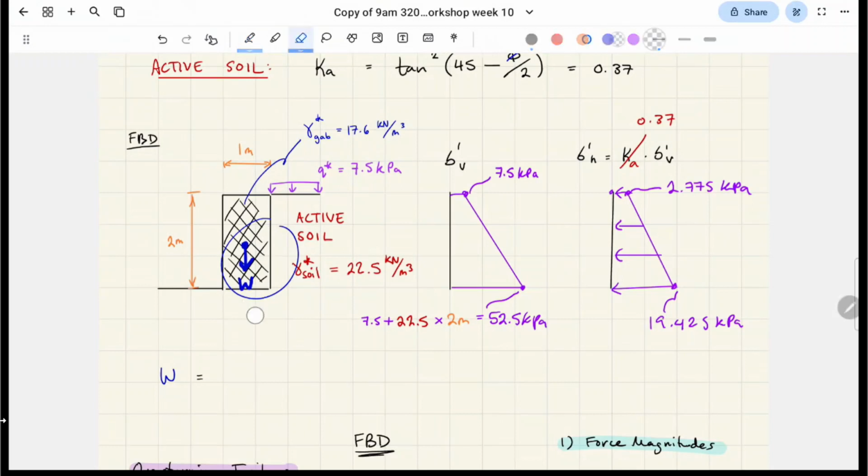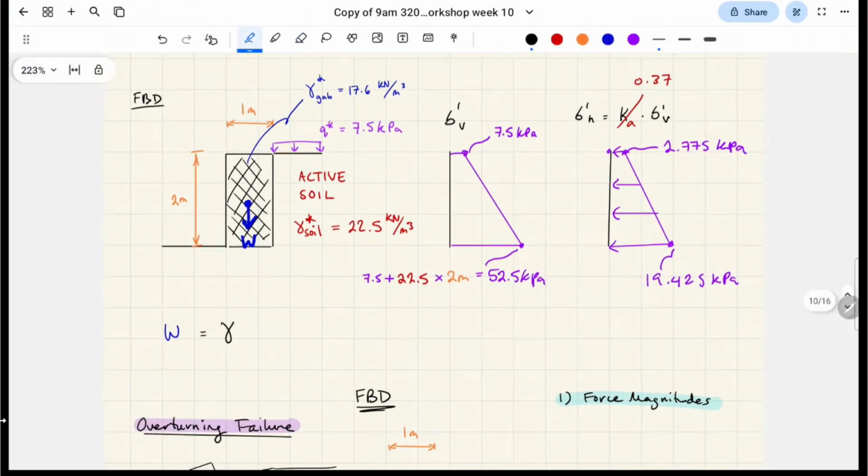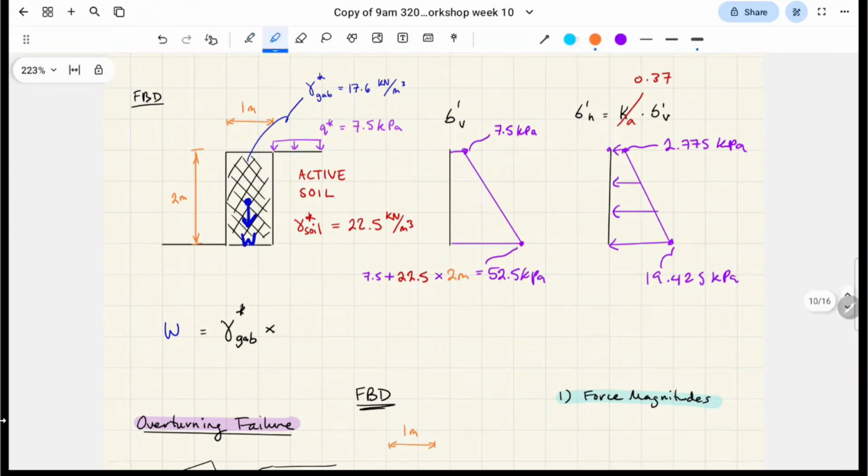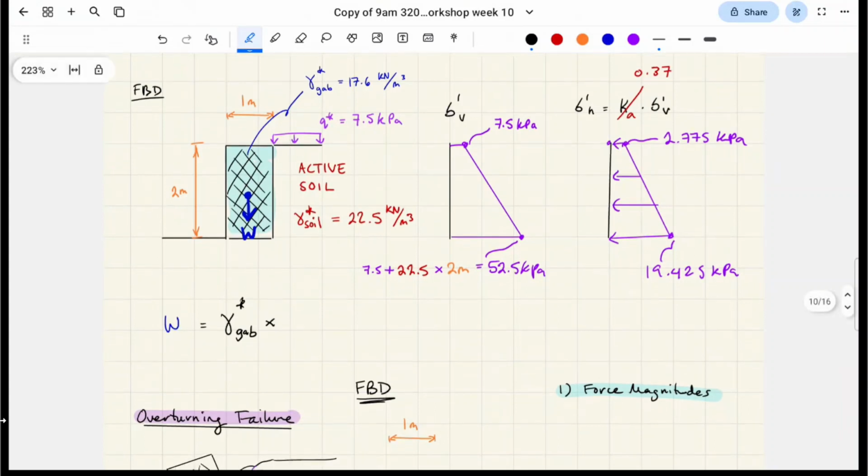But instead of mg, we're going to do it in terms of this, the unit weight of the gabion, and multiply it by this cross-sectional area. That's this area here. Once we do that, we get the weight force of the gabion per meter run. It's 35.2 kilonewtons per meter run. There you go. That's W.